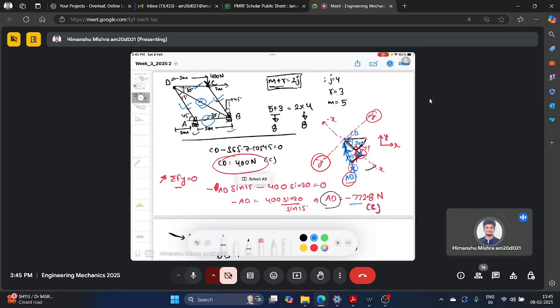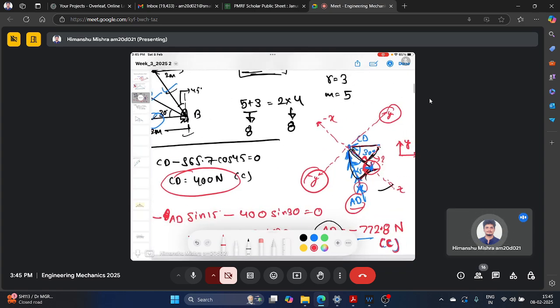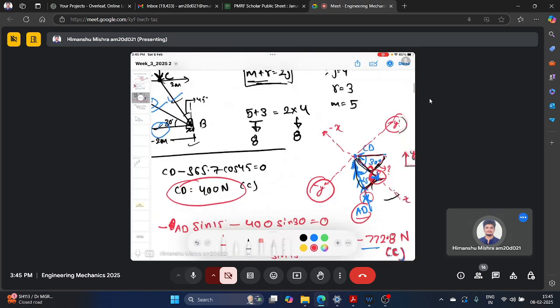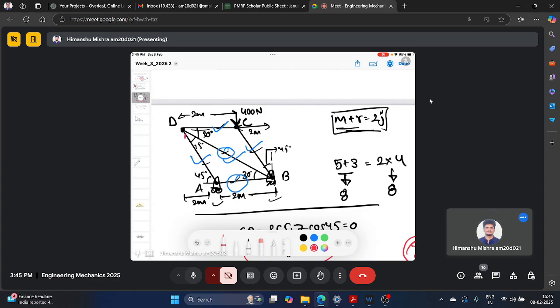Right? So from the previous calculations in the other joint, you can estimate the direction of force. So let me draw the direction of force here. You can see when we consider joint D, the direction of AD is towards the joint here. So when we consider A, it will be like this. When you consider the other end of the member, it will be an equal and opposite force, right?